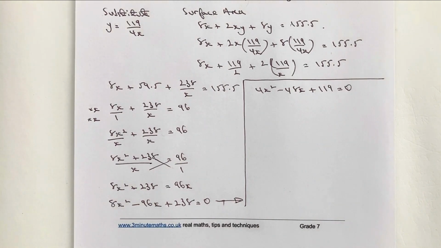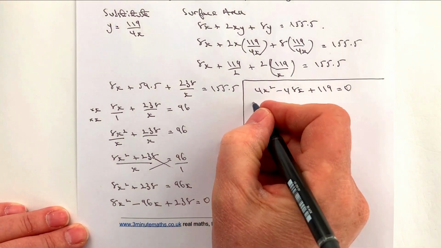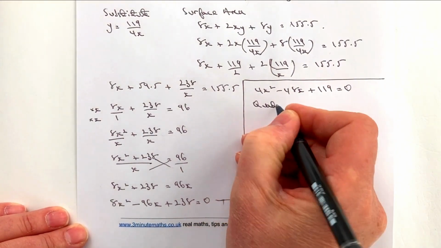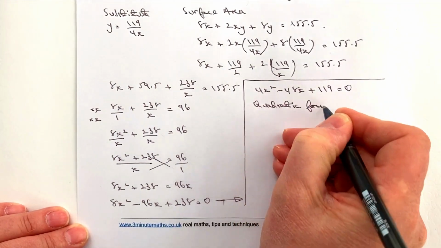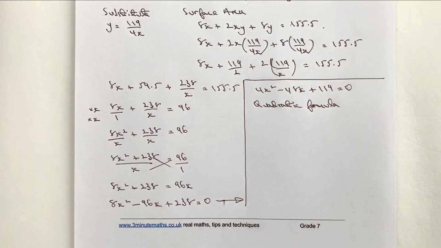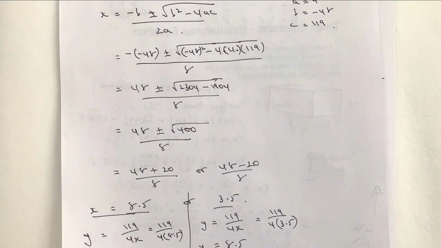Okay, so this is where you and I might depart a little bit. There is a way of solving this. I get the idea that this is solvable. Now, you might decide you could use the quadratic formula, and that's absolutely fine. Please go ahead, and I'll show you my working on the quadratic formula, which I actually did.